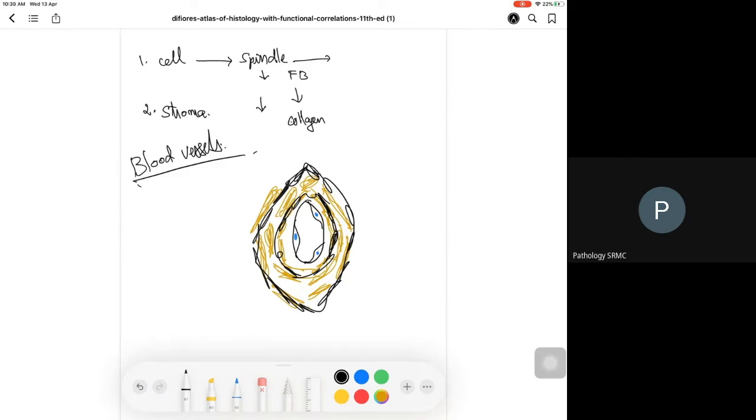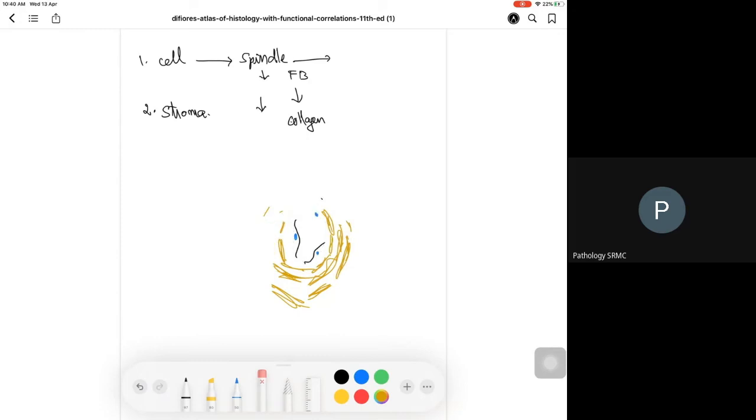Whereas major arteries and veins will have a lot of muscle, but arteries will have two elastic laminae, internal and external, whereas veins will have only one. We will go to the pictures and then we will see. If there is anything, we will come back.